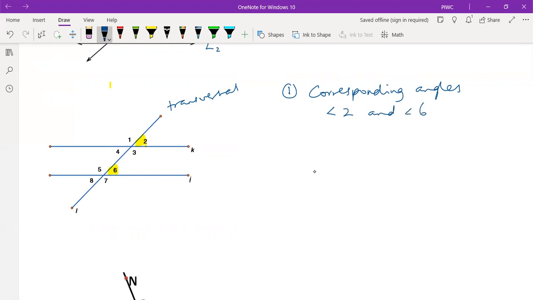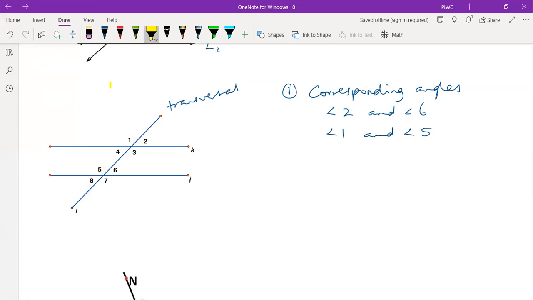I can identify other corresponding angles. Let's look at another one. If I take angle 1 and angle 5, the relative positions are the same. So angle 1 and 5 are corresponding angles. I can identify more. Let's try another one.